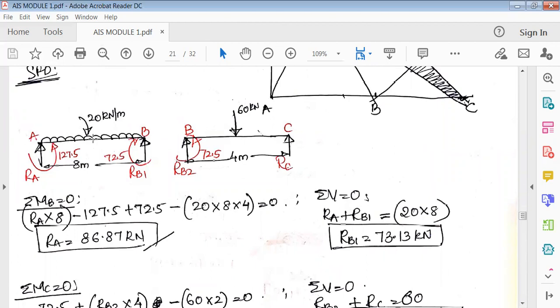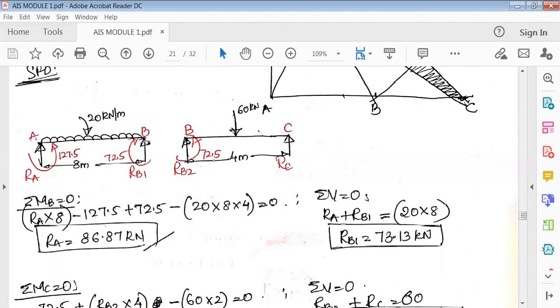Then there's a load acting, 20 kilonewton per meter over the span. You need to find RA and RB1. Because B is connected to two members, BA also and BC also, we will split this as RB1 plus RB2.